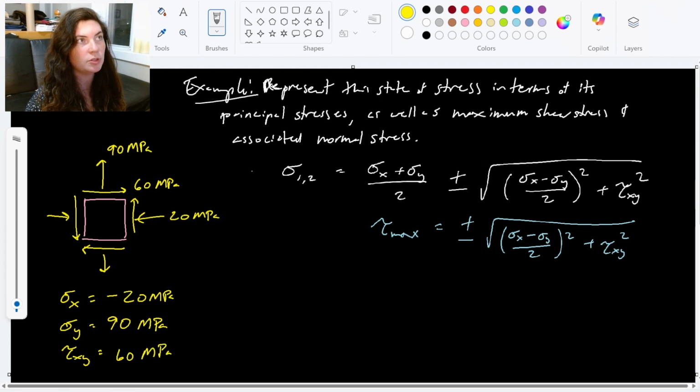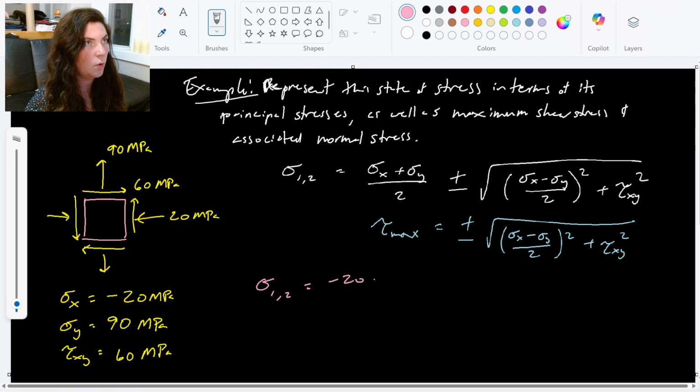So to find my principal stresses, we'll start there. My principal stresses are just going to be this equation up here, this wide equation that I've ripped from the page before. So our sigma 1 and 2 are given by this equation. I'm just going to start popping my numbers in there.